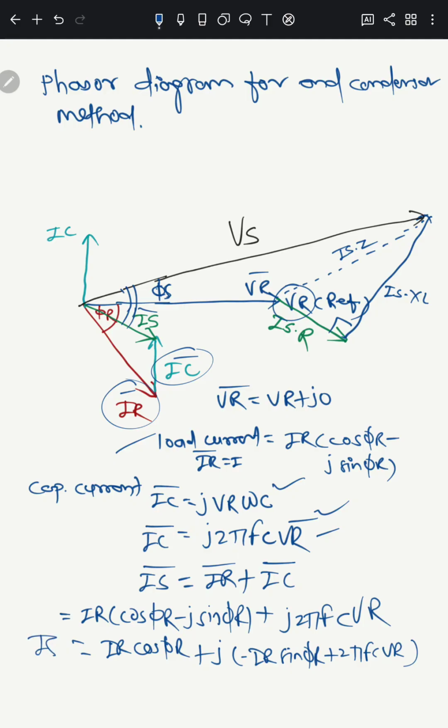This is what IS is. Then the voltage drop per phase is equal to IS bar into Z bar, where Z bar is R plus jXL.